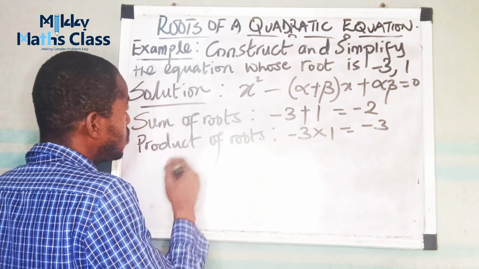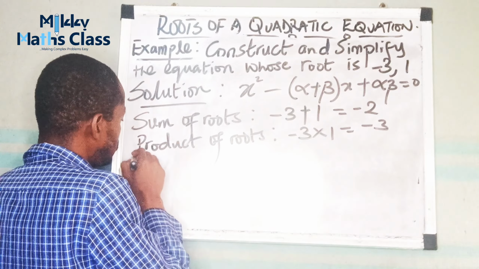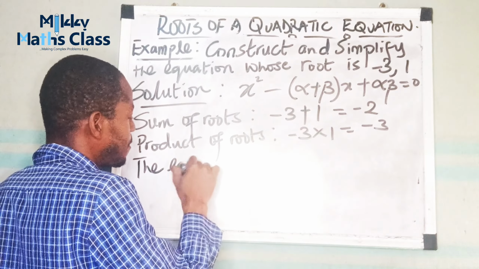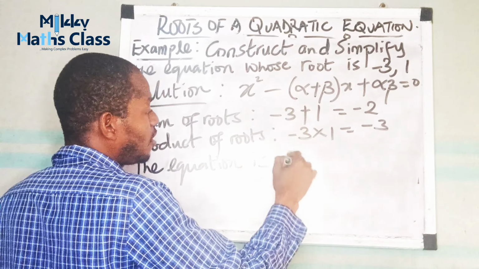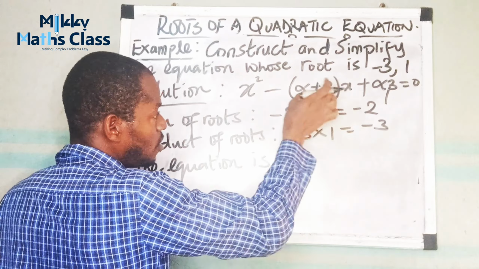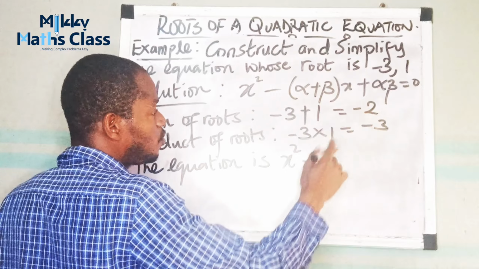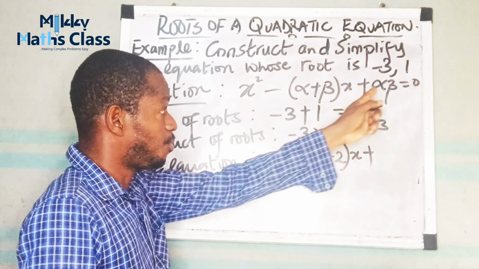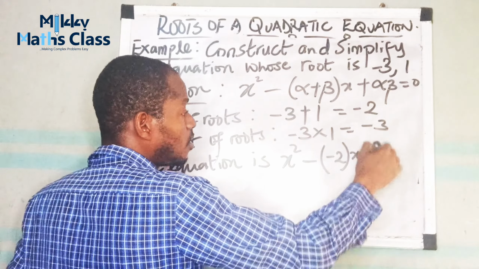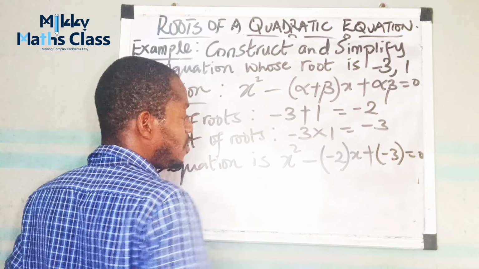So the equation will be x squared minus the sum of the roots, which is -2, times x, plus the product of the roots, which is -3, equals 0. Let's simplify it further.